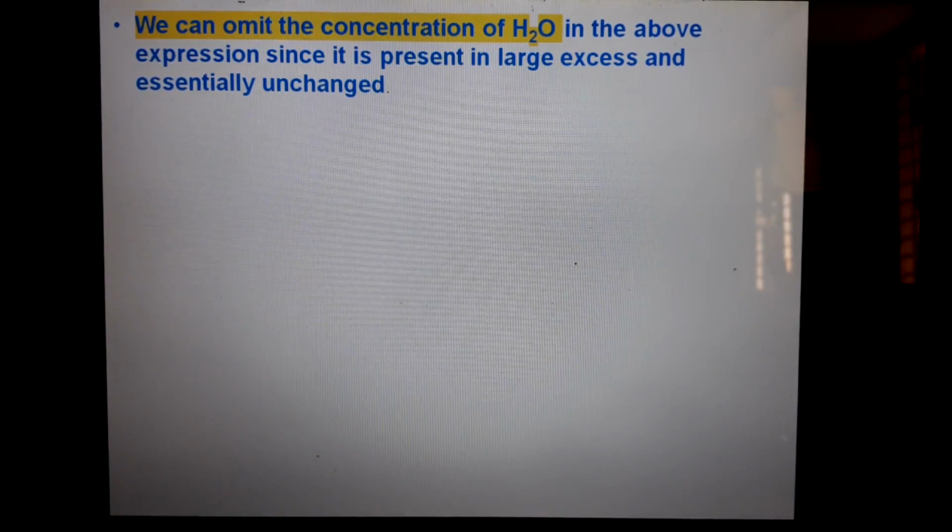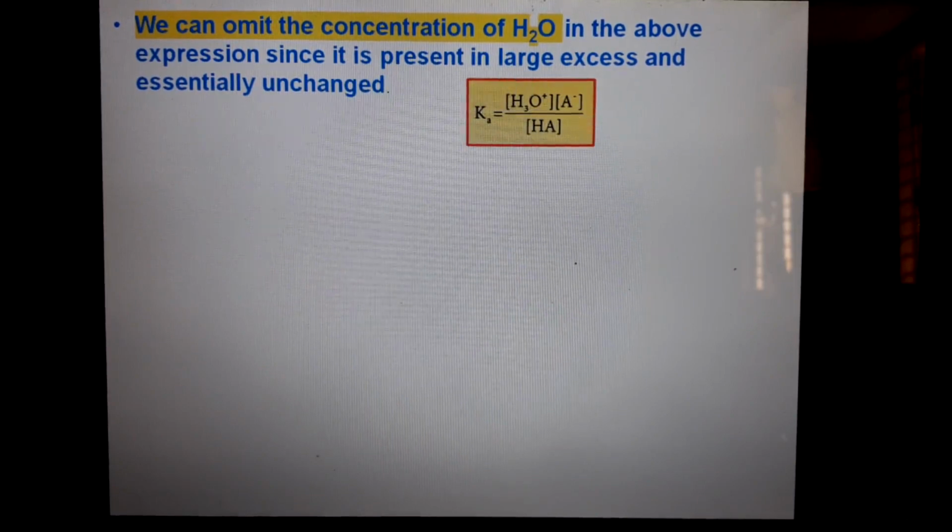This is the reason for taking H2O equal to 1. This is the next step: Ka, where a means acid, the ionization constant of the acid, is equal to the concentration of H3O plus into A minus divided by the concentration of HA.